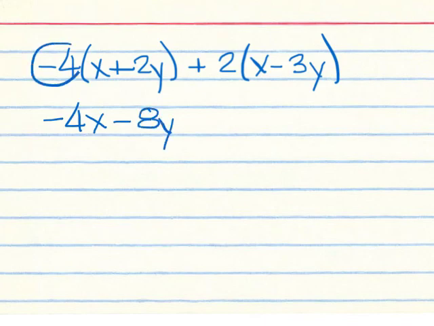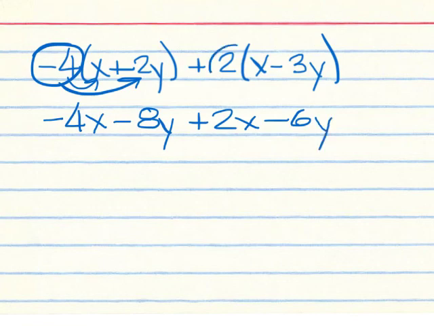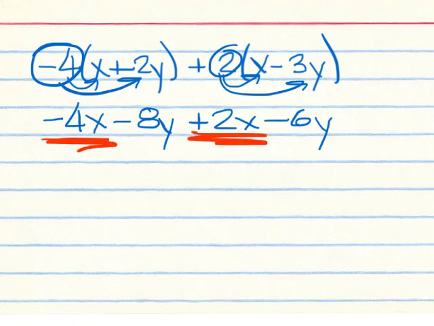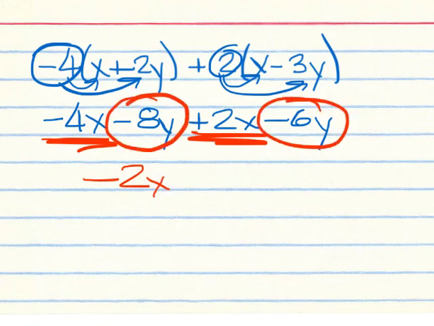That comes from distributing this to here and here. And then plus 2x minus 6y. That comes from distributing this to here and here. Now simplify. Negative 4x plus 2x is a negative 2x. Negative 8y minus 6y is minus 14y.